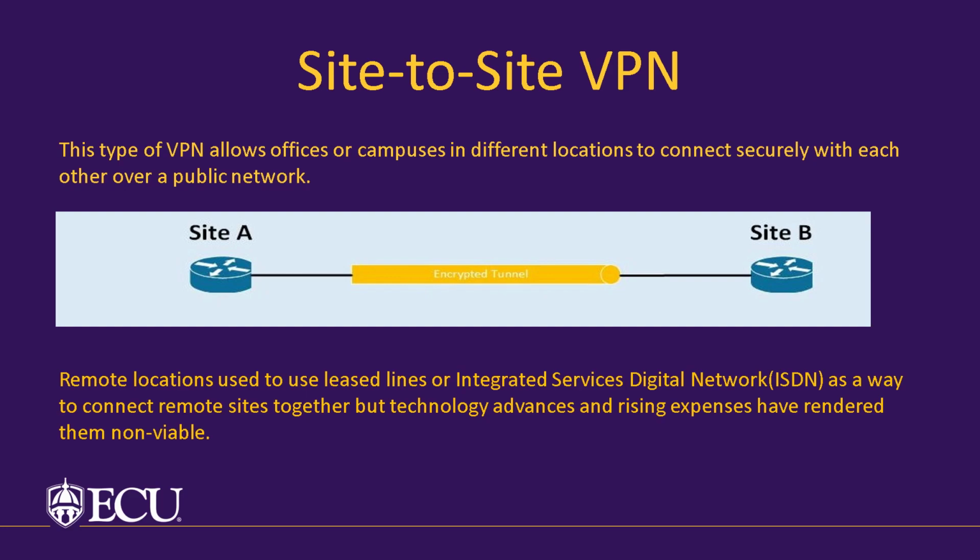Before VPNs were available, remote locations used leased lines or integrated services digital network, or ISDN, to connect remote sites together. But with technology advances and the rising cost of these leased lines, they have been rendered non-viable for organizations.